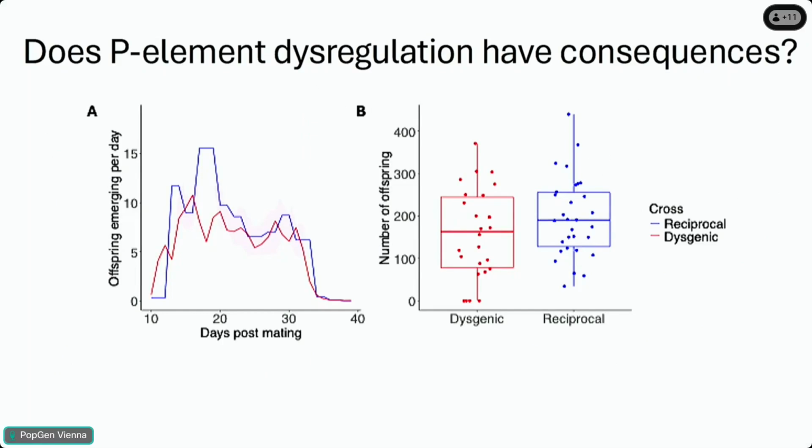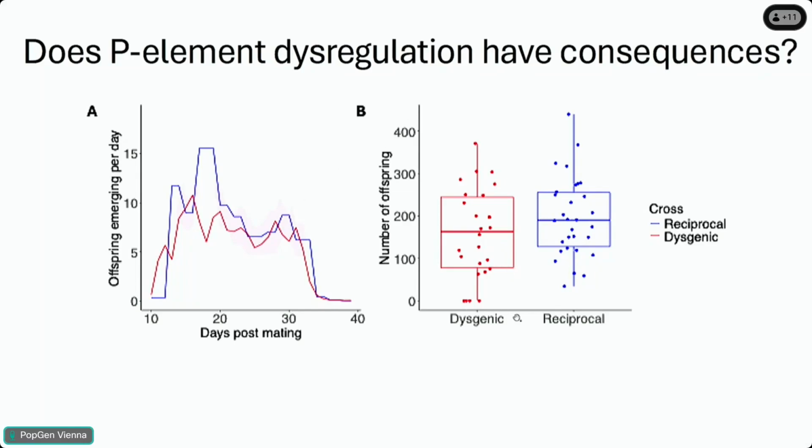There's maybe some lower peak fertility, which is significantly different, but it might be hard to see the confidence limits. Lower peak fertility for the dysgenic flies, but eventually they catch up and they have similar numbers of offspring. One thing that is different is we see about 10% sterility in the dysgenic flies and none in the reciprocal flies. And that's a significant difference. I seem to have lost my stats again.